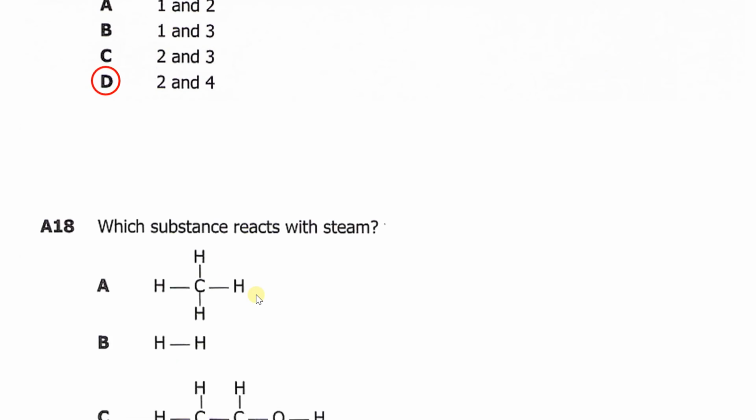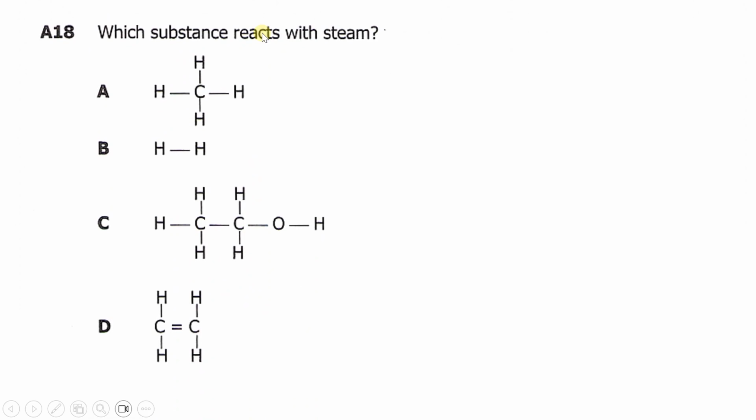So we move to question 18, which says which substance reacts with steam. Again here I saw 2 answers, because in steam reformation we use methane to form hydrogen gas. So we can react methane in steam reformation so that it can form hydrogen gas. That's what happens there.